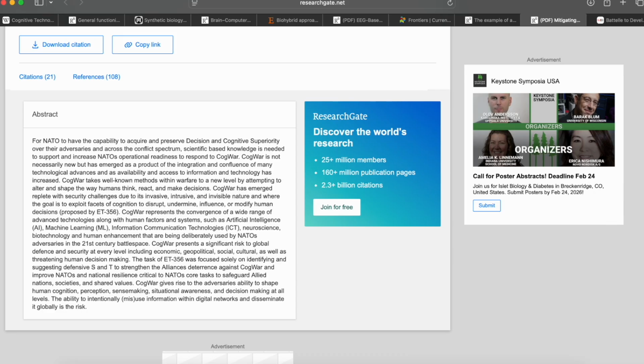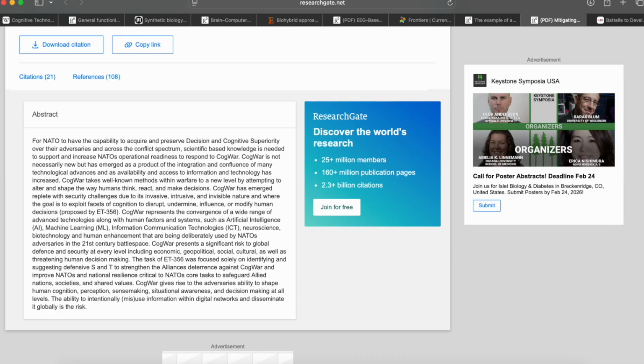COG war is not necessarily new, but has emerged as a product of integration and confluence of many technological advances, and as availability and access to information and technology has increased. COG war takes well-known methods within warfare to a new level by attempting to alter and shape the way humans think, react, and make decisions.